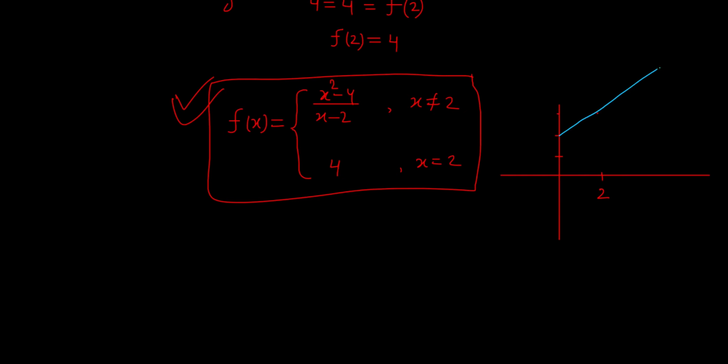For the new definition, the graph of the function will be like this. At x equal to 2, it will be 4. But for the original definition, if you draw the graph, the function graph will be the same everywhere, but there will be a circle at x equal to 2. It will not be defined at x equal to 2.